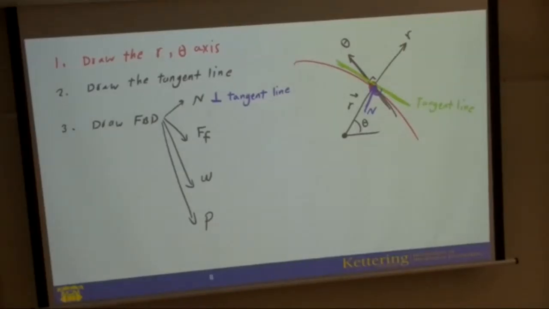Next one is the frictional force. Frictional force, it is along the tangent line, but opposite direction of the motion. This one is moving this direction. You will see that this is the direction they're moving, counterclockwise, but frictional force will be in the opposite direction.